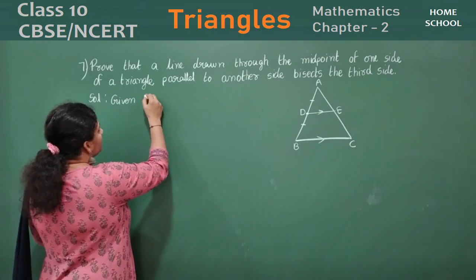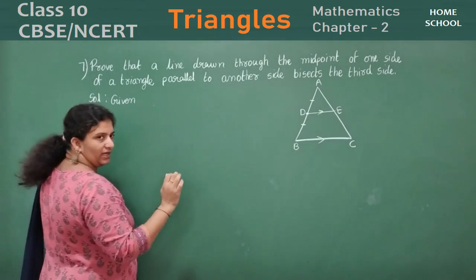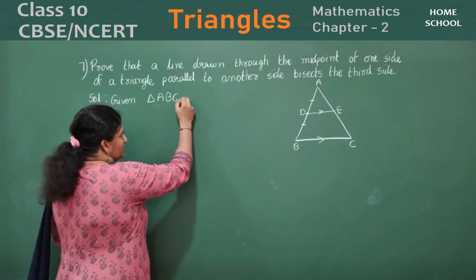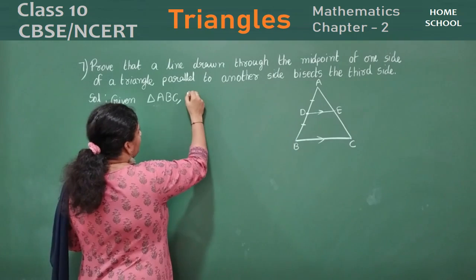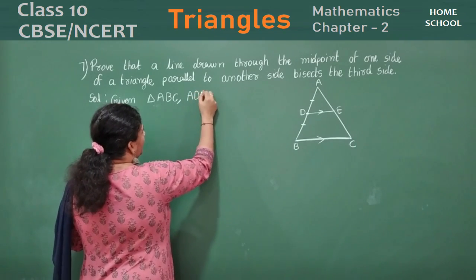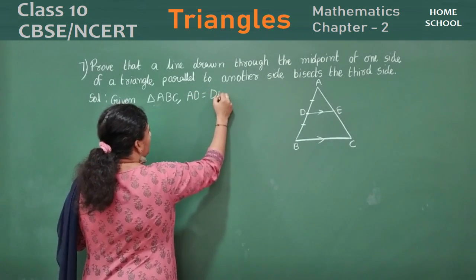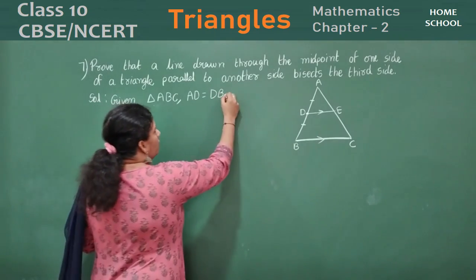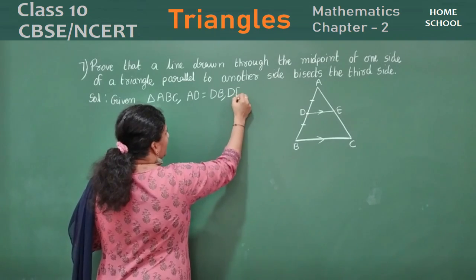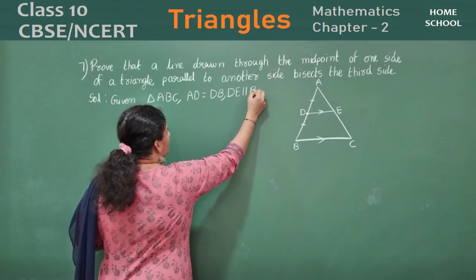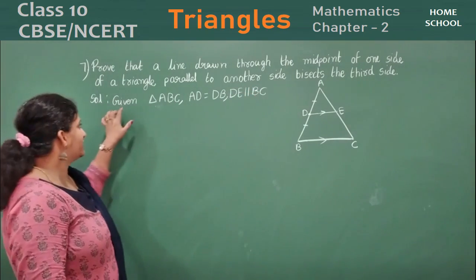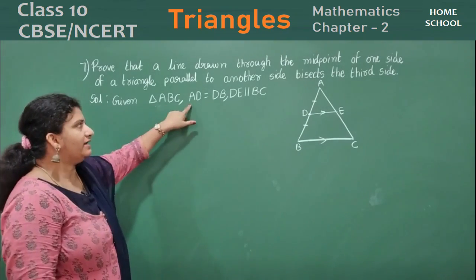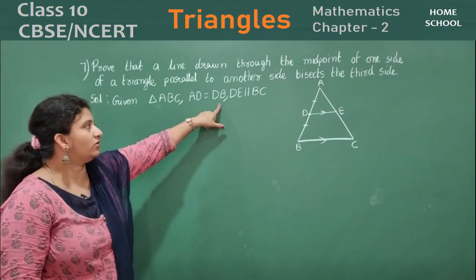Given, what is given here? They have given a triangle, but we have marked it ABC. Given a triangle ABC, and what did they give here, children? AD is equal to DB. Yes or no? One more point given. What is that? DE parallel to BC. So, what is given here, children? ABC is a triangle and AD is equal to DB.